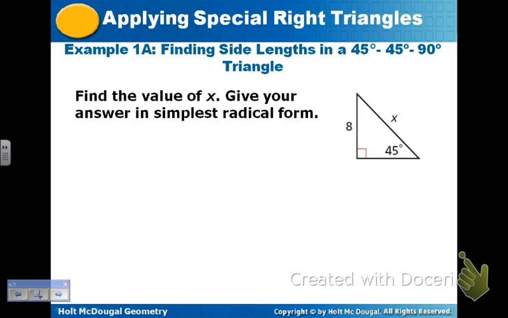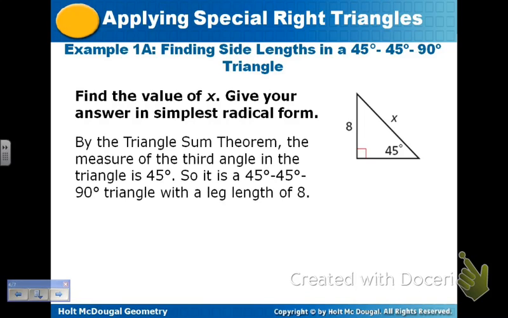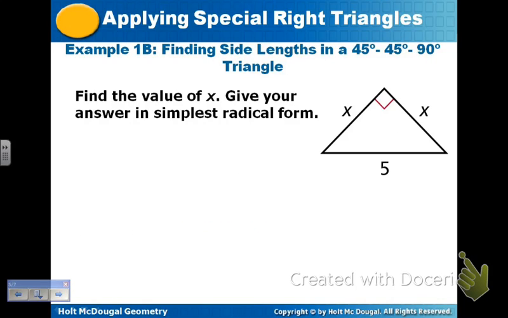This makes it an isosceles right triangle, and you can use your theorem to find the length of the hypotenuse. One of the legs is 8, which automatically makes the other leg 8. So what would the length of the hypotenuse be? By the theorem, the hypotenuse is the leg times the square root of 2. So that's going to be 8 square roots of 2.